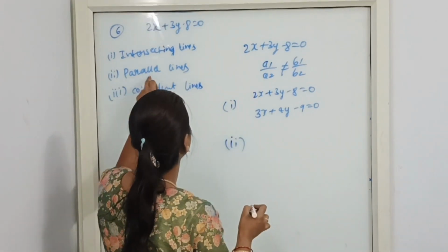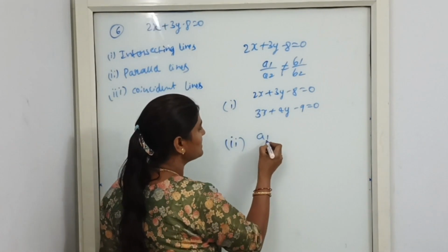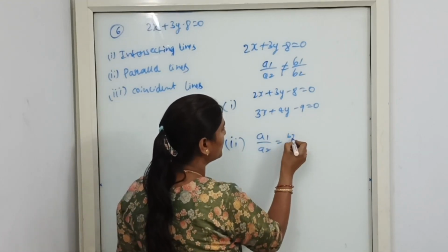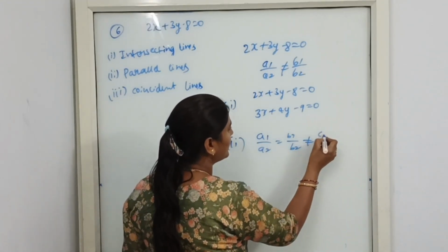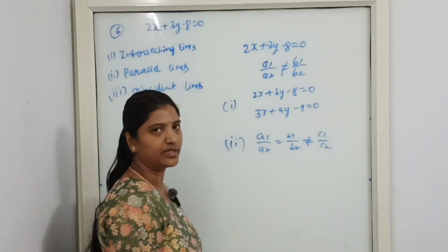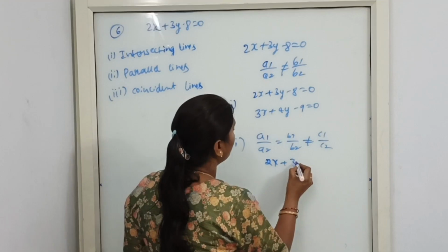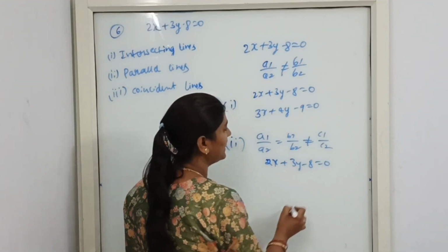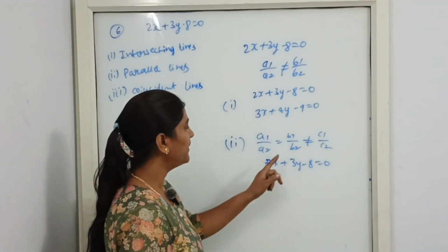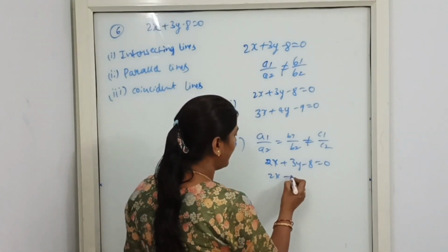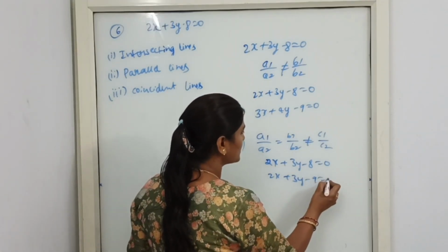For the second one, parallel lines. Parallel lines means a1 by a2 is equal to b1 by b2 but not equal to c1 by c2, we should write. So the given is 2x plus 3y minus 8 is equal to 0. Only change the next one.